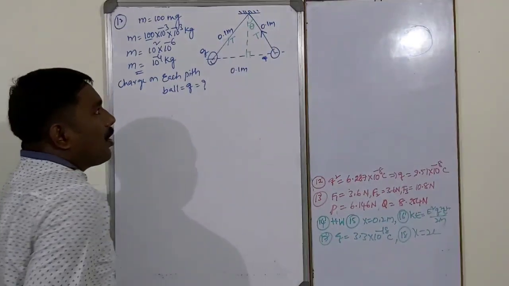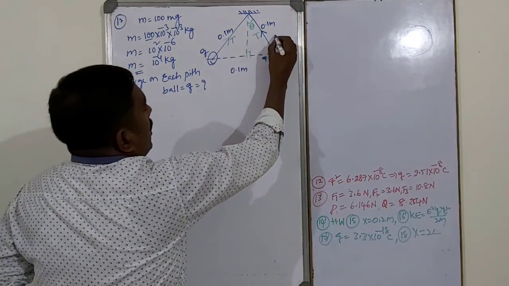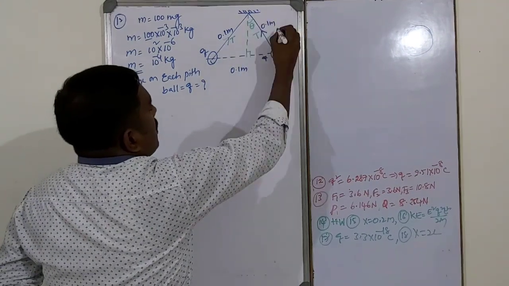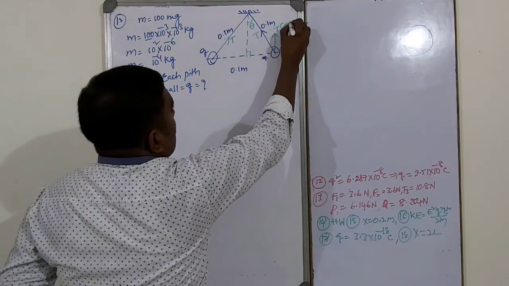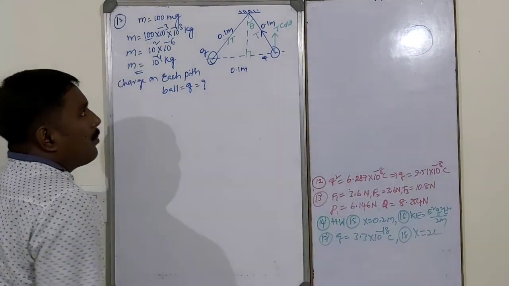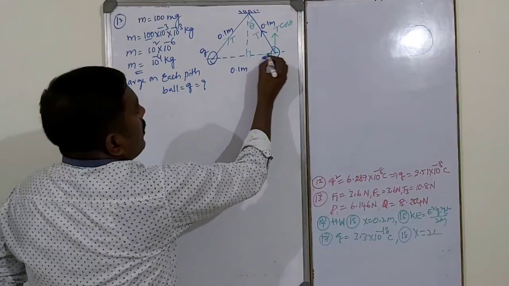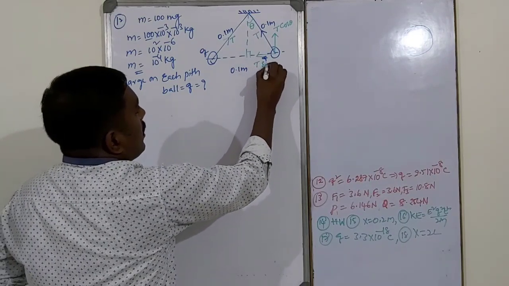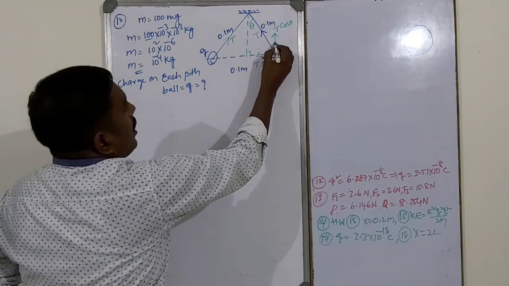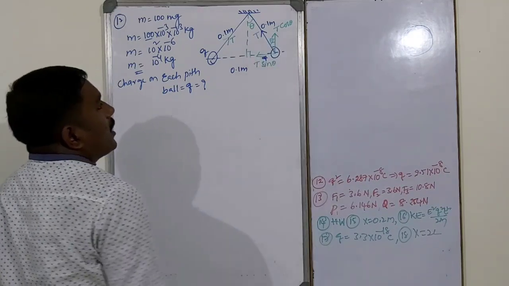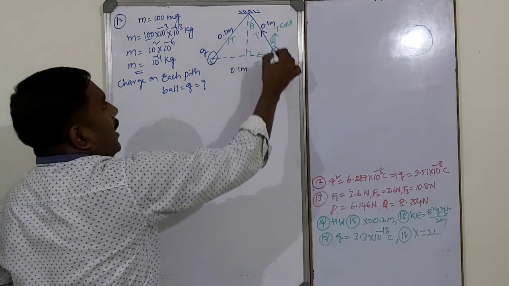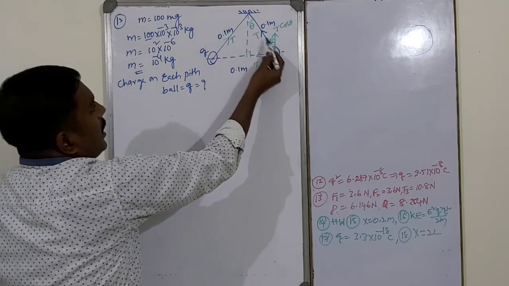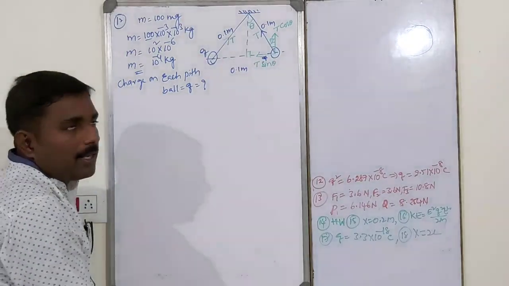The tension is resolved into two components: T cos theta is the vertical component, and T sin theta is the horizontal component. This is also theta. Theta is the angle made by the thread with the vertical. Opposite angles are equal.